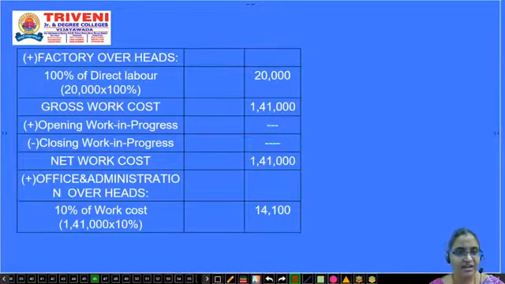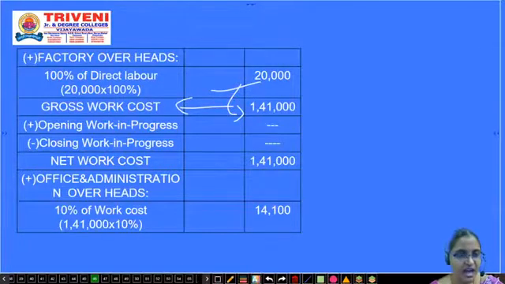Now the factory overheads is 20,000. So add it up with the prime cost, and you get 1,41,000. It is named as gross work cost.